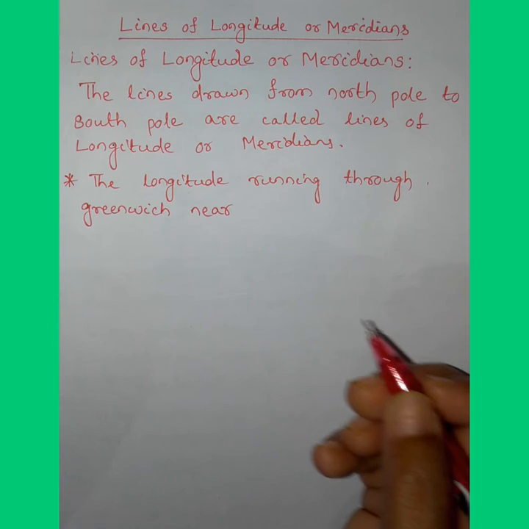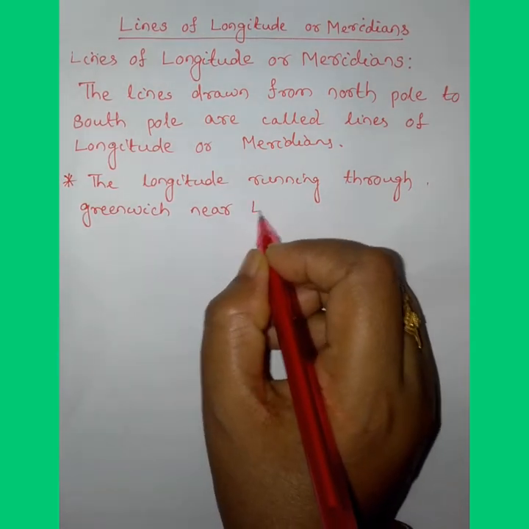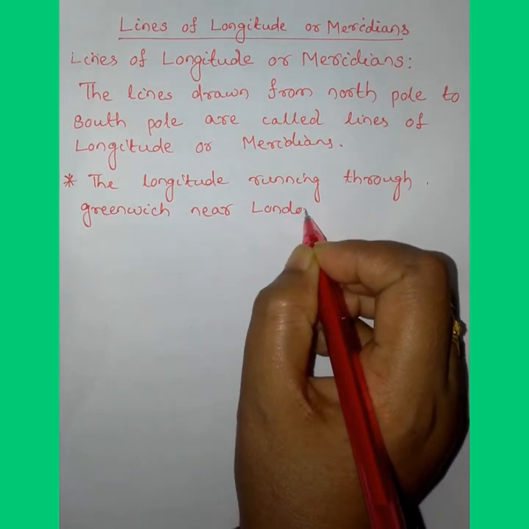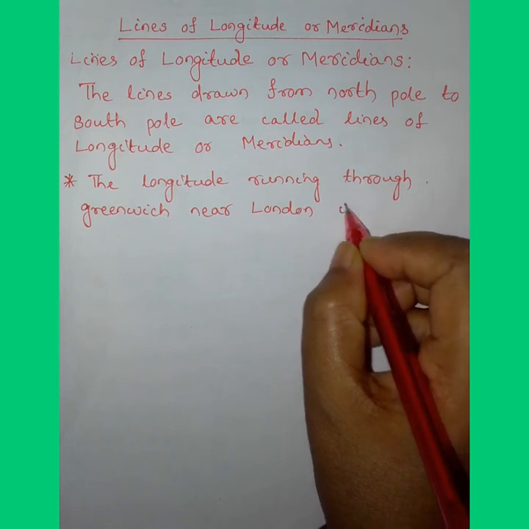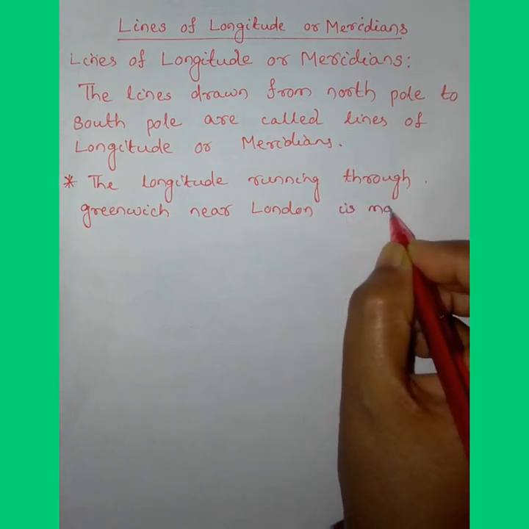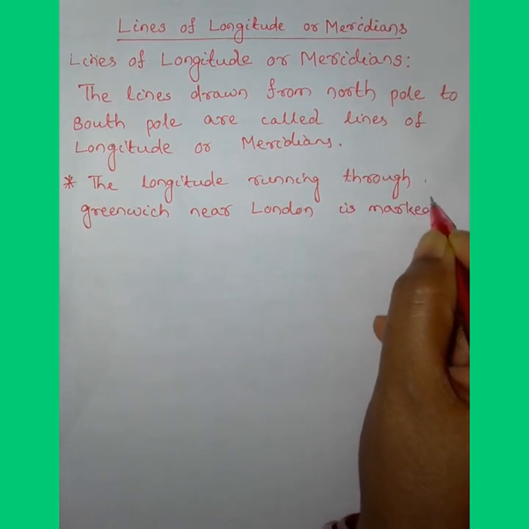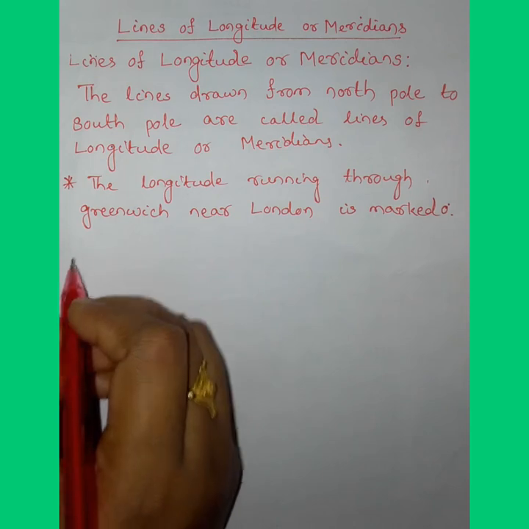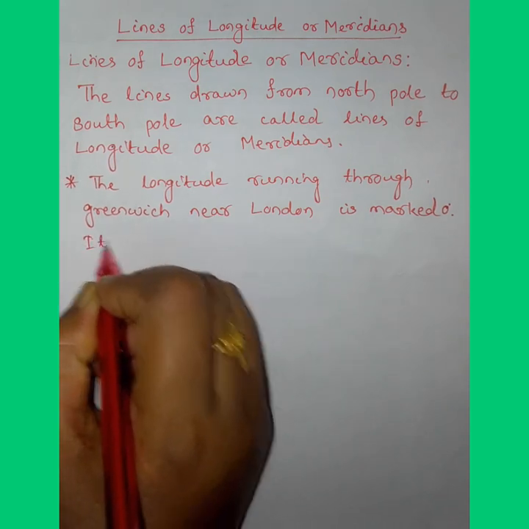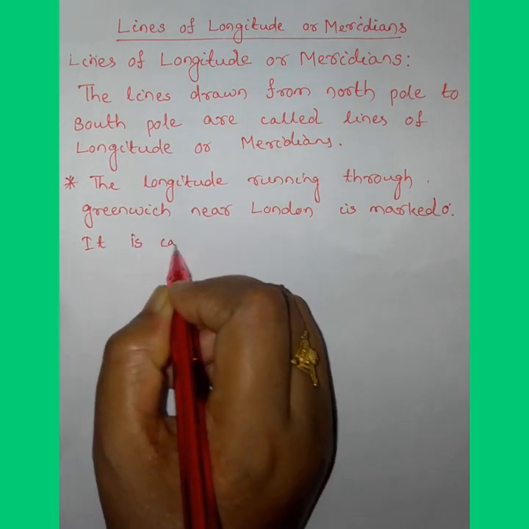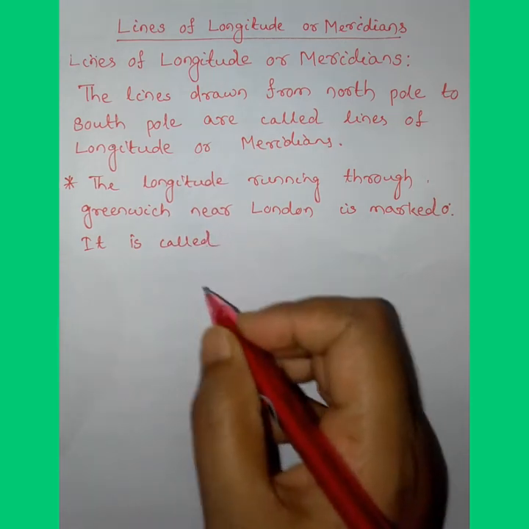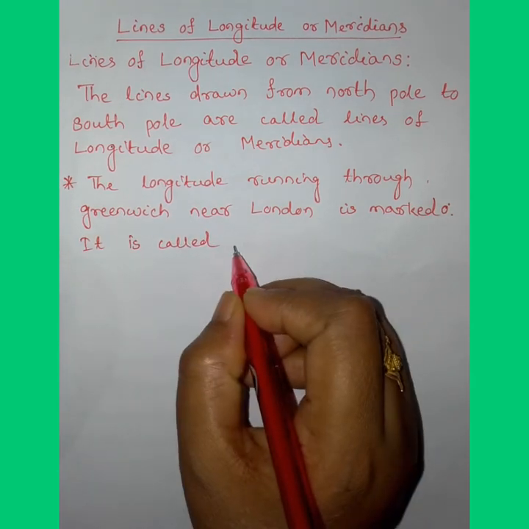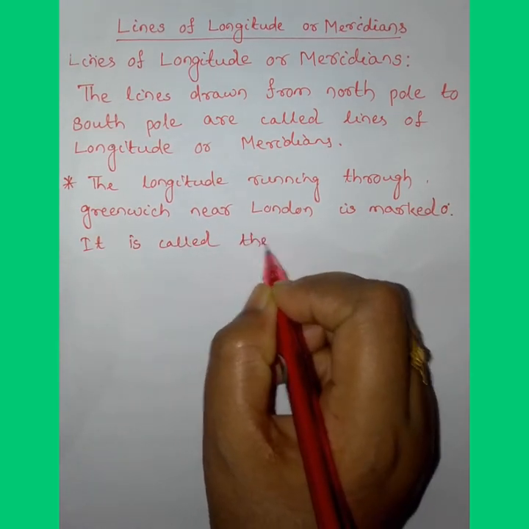Where is Greenwich? Greenwich is near London. The longitude running through Greenwich is marked 0 degree. It is called the Greenwich meridian or the prime meridian.